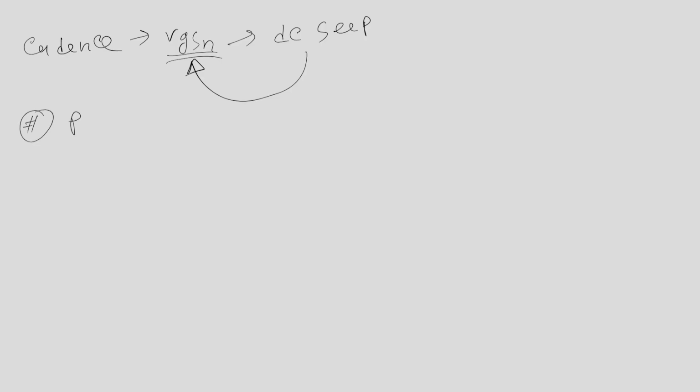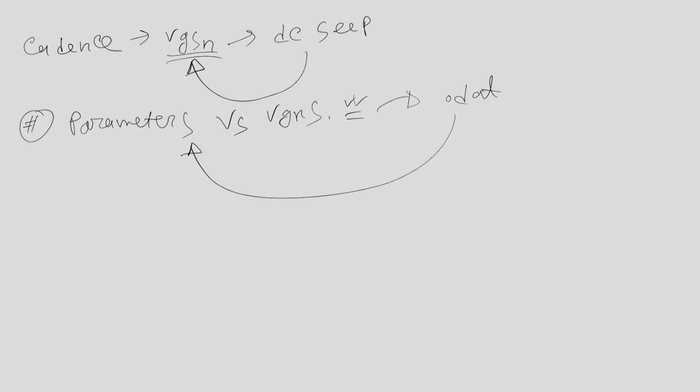Cadence generates the plots against VGS because we are using the DC sweep, and our sweep variable is VGS of N. So Cadence by default plots all the parameters against VGS of N, parameter versus VGS of N. So we extract the .dat files, and those .dat files also contain this parameter versus VGS of N's value.